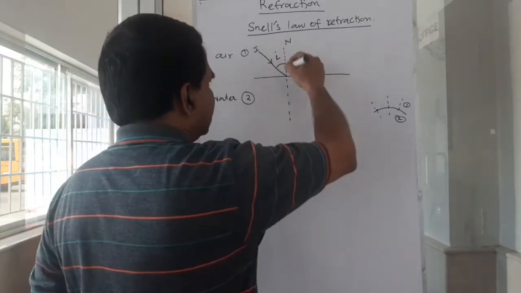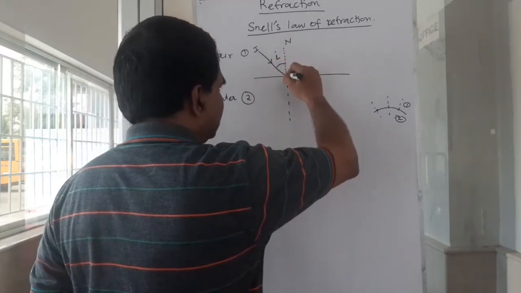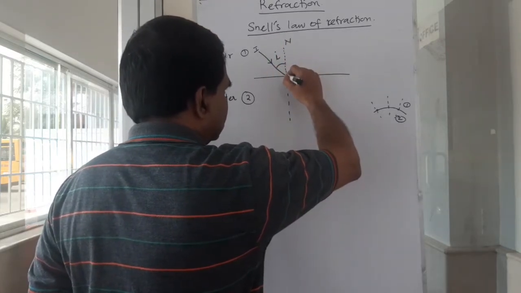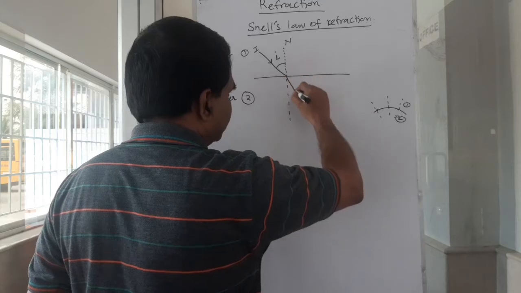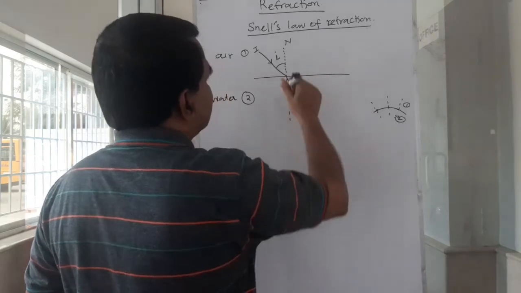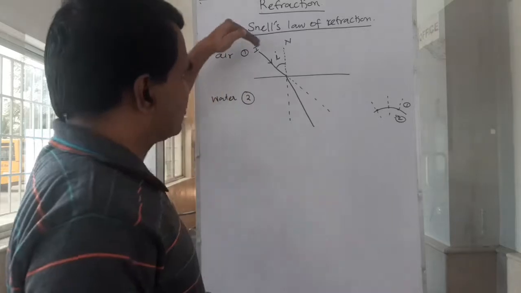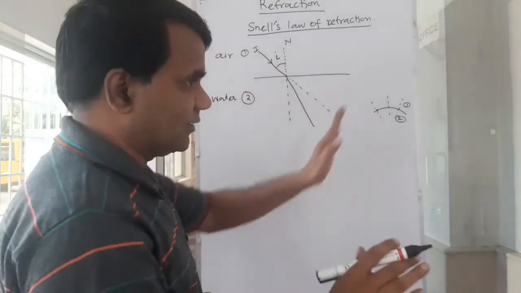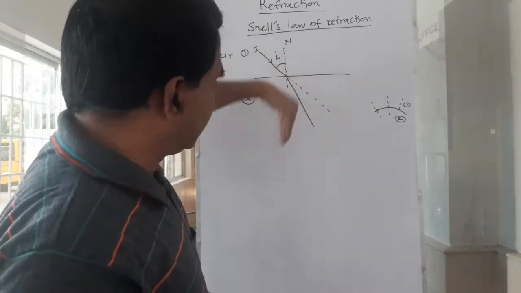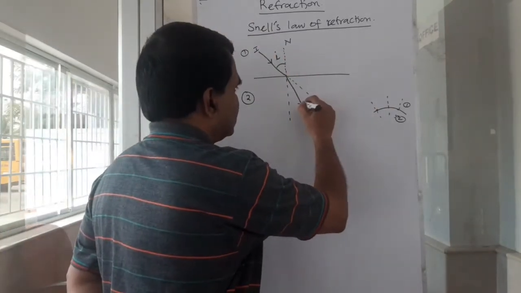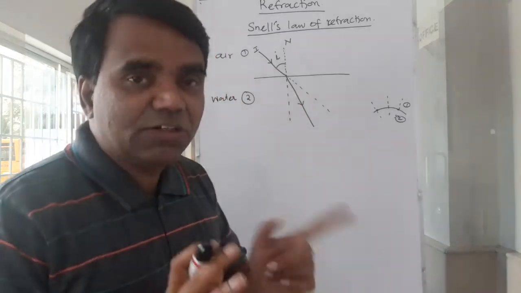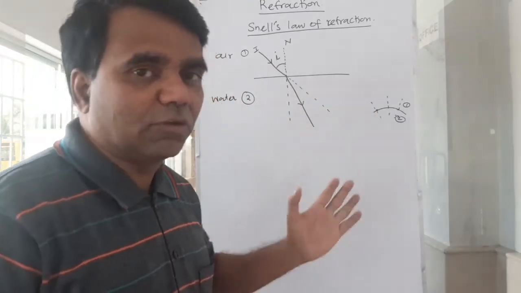Then there is a refraction that is taking place. The ray should have gone like this, it should have gone like that, but it doesn't go like that. It bends towards the normal in this case. It need not bend towards the normal, it can also bend away from the normal.